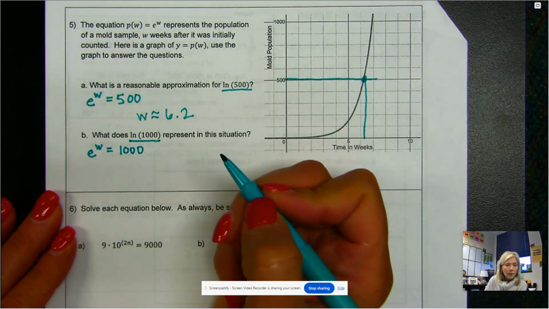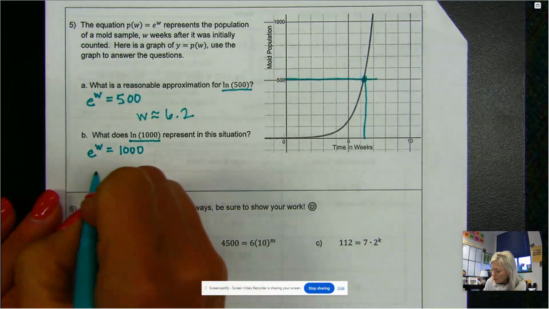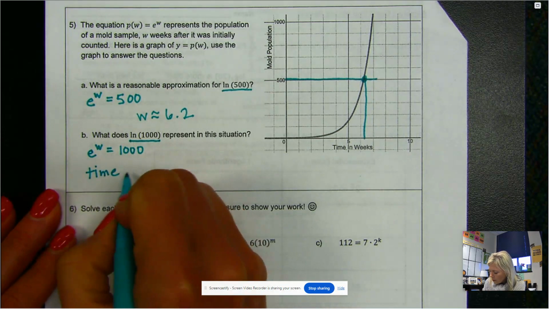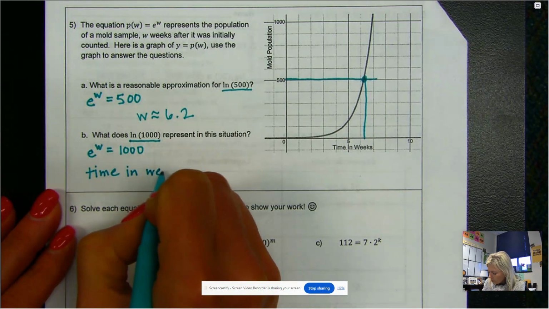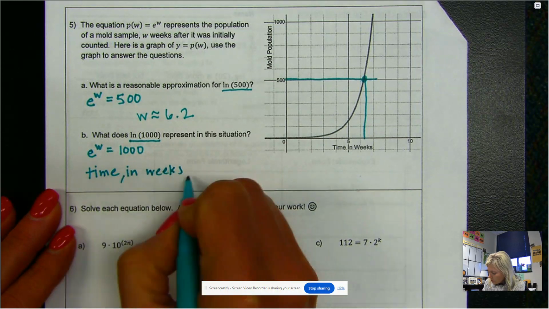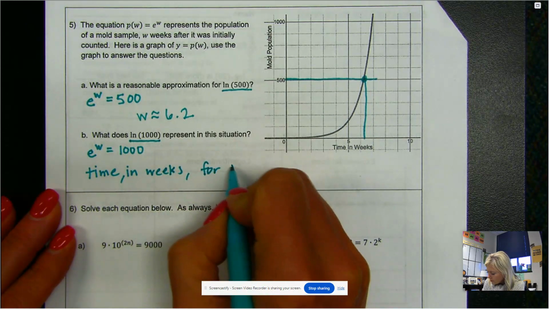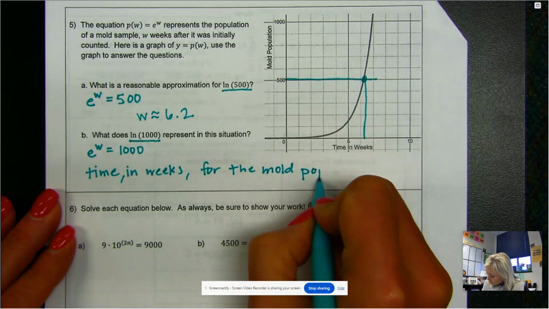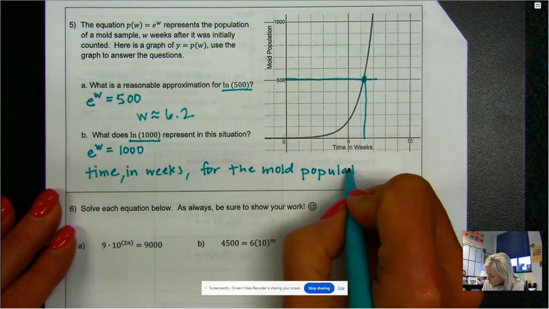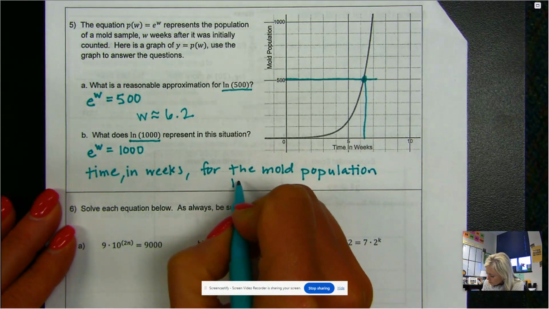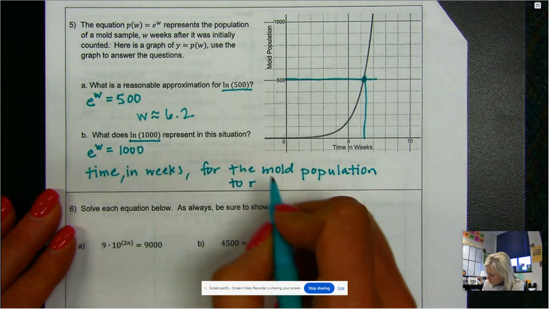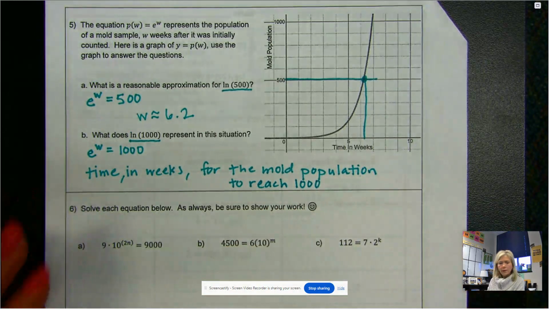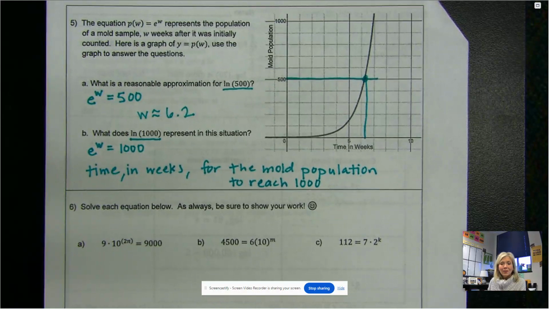So what it represents in the situation is the time in weeks for the mold population to reach 1,000. Okay, that's what that means in this situation.